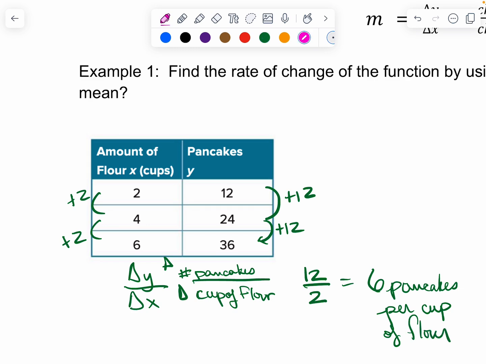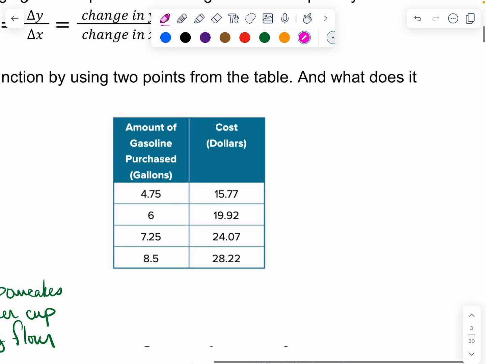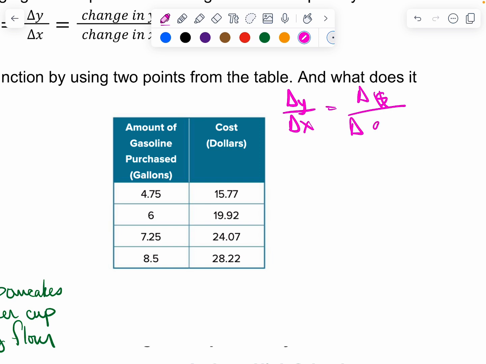Okay, next one. Over here, still doing change of y over the change of x. So the change in the cost, the money, over the change of the gallons of gas. Okay, so, no, I can't do that in my brain.